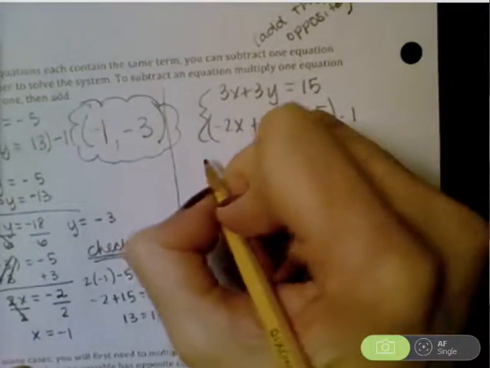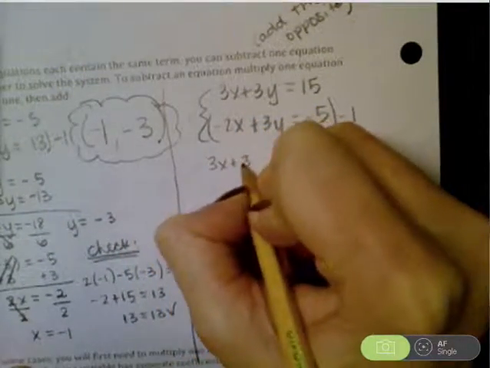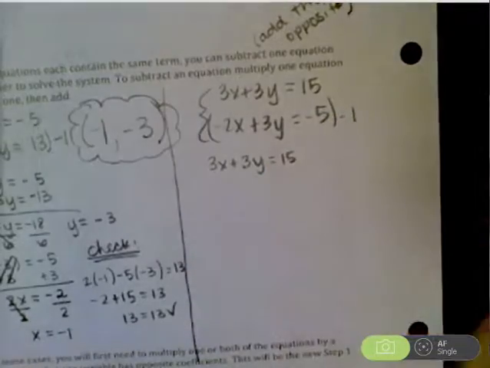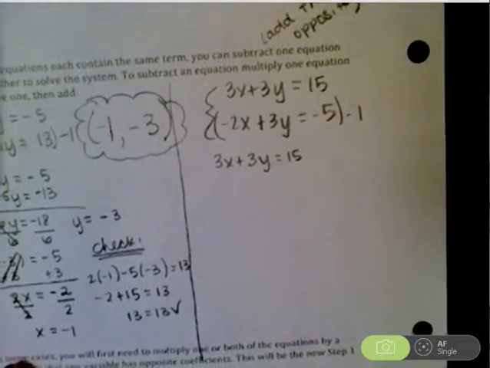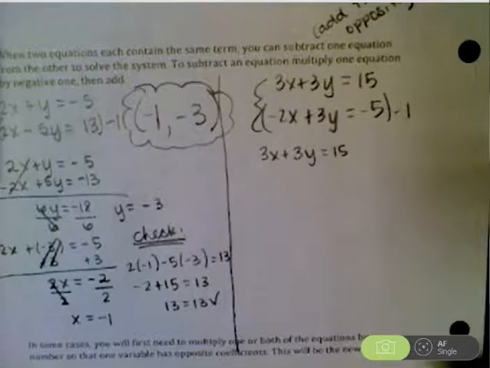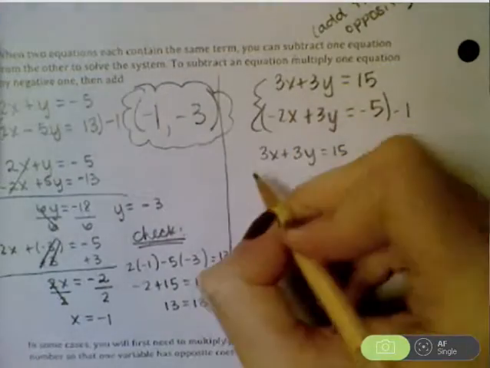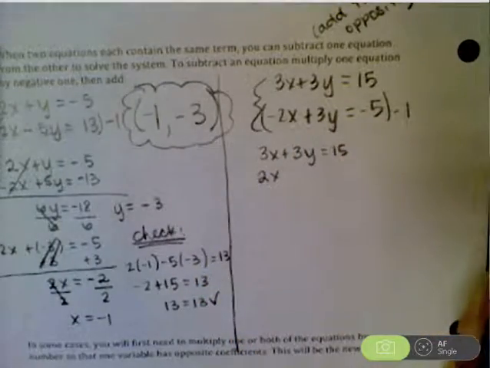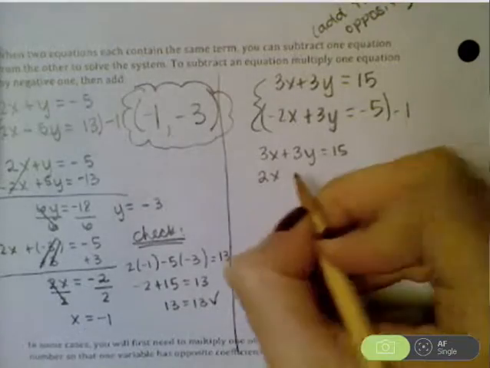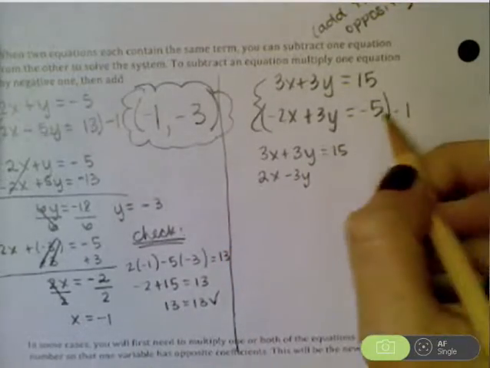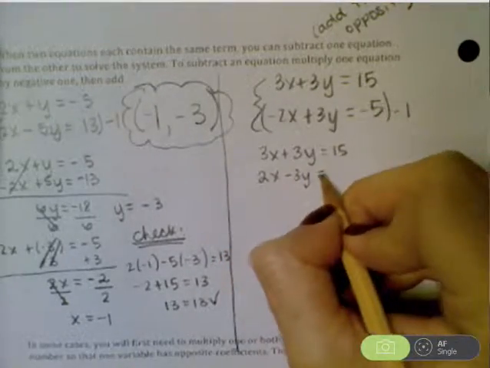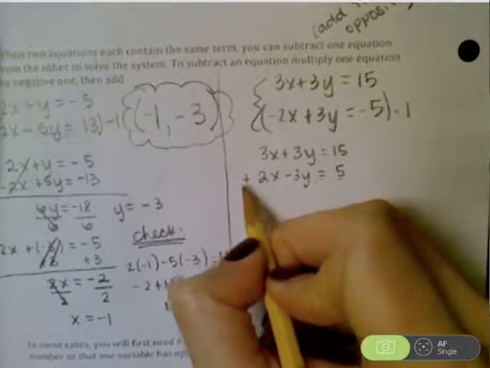So again, the first equation is going to stay exactly the same. In the second equation, all the terms are going to be opposite. So -2x times -1 is positive 2x. -3y times -1 is -3y. And -5 times -1 is positive 5.